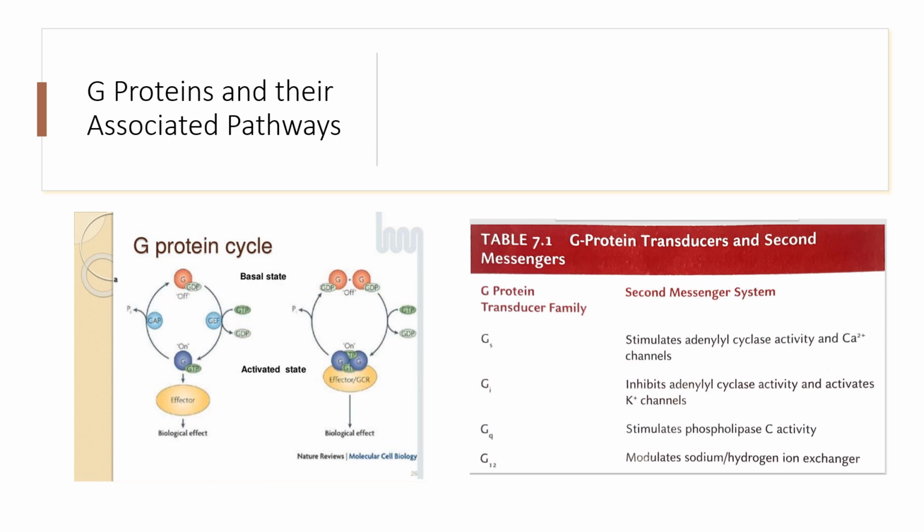And IP3 is a water-soluble molecule that diffuses into the cytoplasm, where it releases calcium from inside the cell, and then that calcium can bind to the protein calmodulin and protein kinase C, which stimulates other enzymes and proteins for phosphorylation.